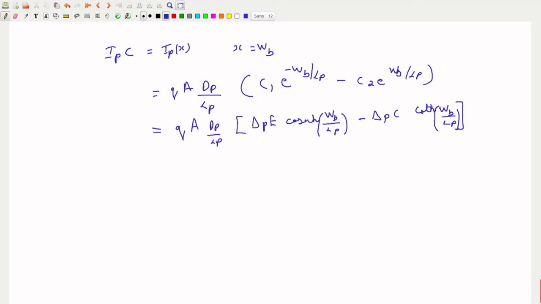Similarly, INE, which is the current due to electron injection from base to emitter, can be evaluated and found as equal to QA dN by Ln at the emitter side, delta Ne coth WE by LnE.